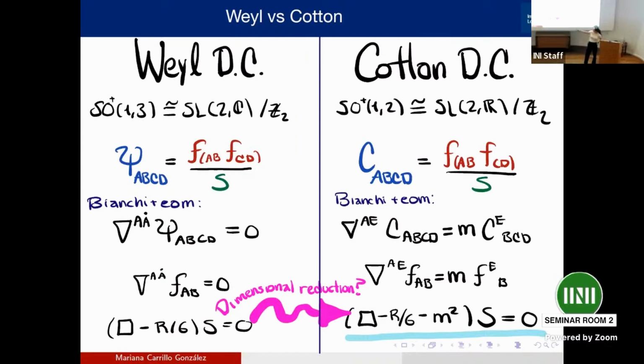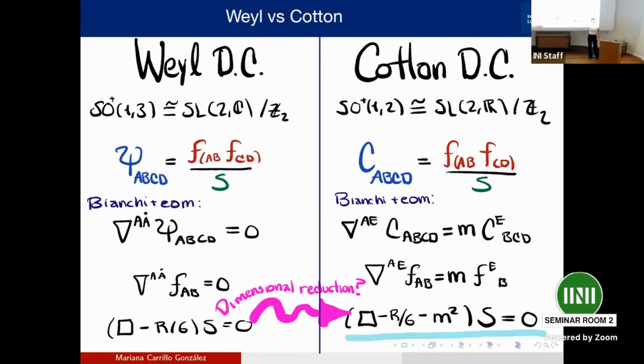So vacuum solutions of Einstein gravity and the Bianchi identity basically just translate into this simple equation for your Weyl spinor, and that encodes all the solutions for gravity. For Maxwell, Bianchi plus equations of motion tells you this. And for the scalar, this relationship is actually valid for maximally symmetric spacetimes. So the scalar has a conformally coupled scalar equation of motion.